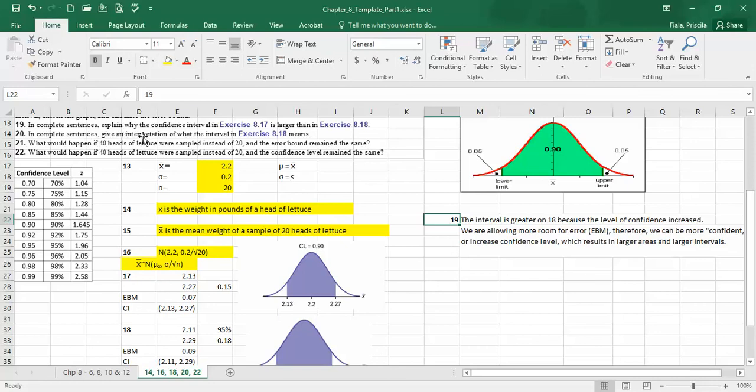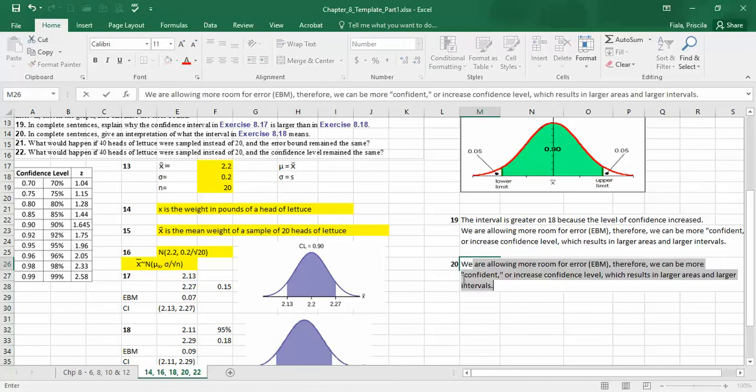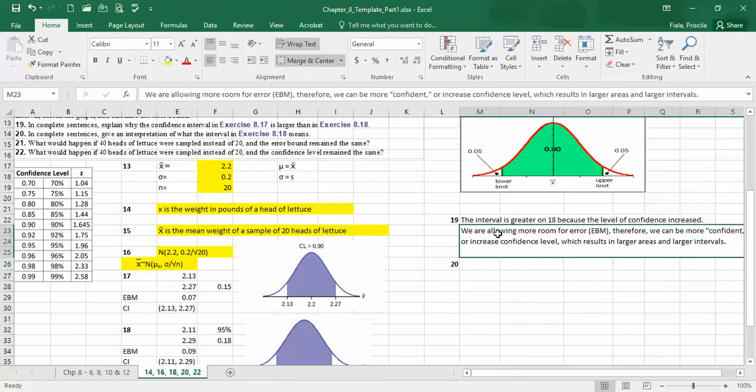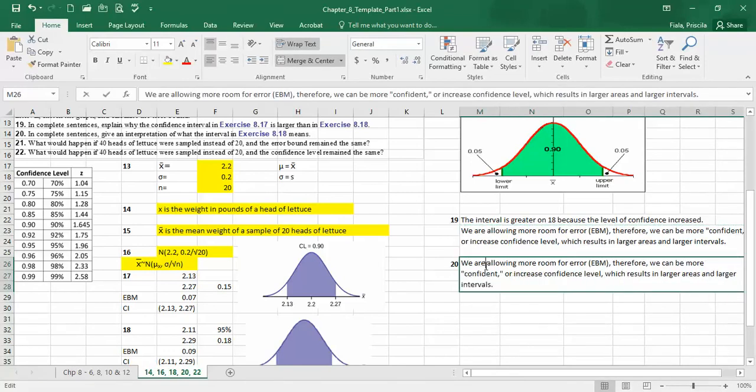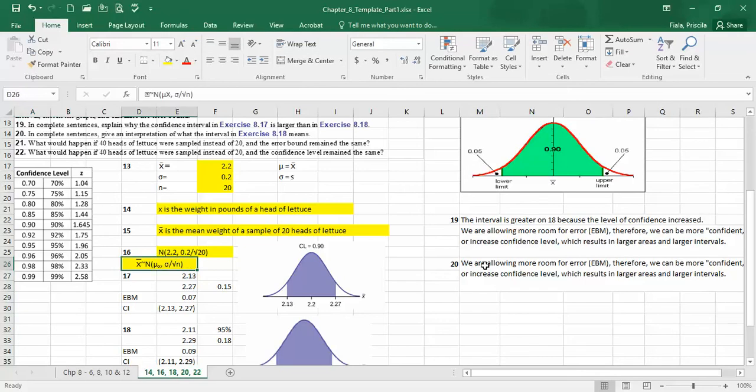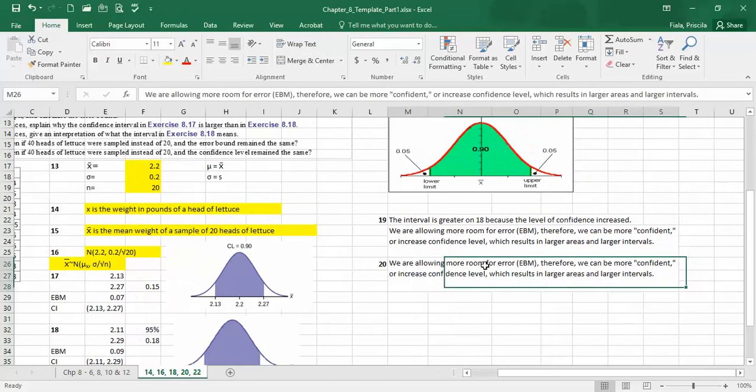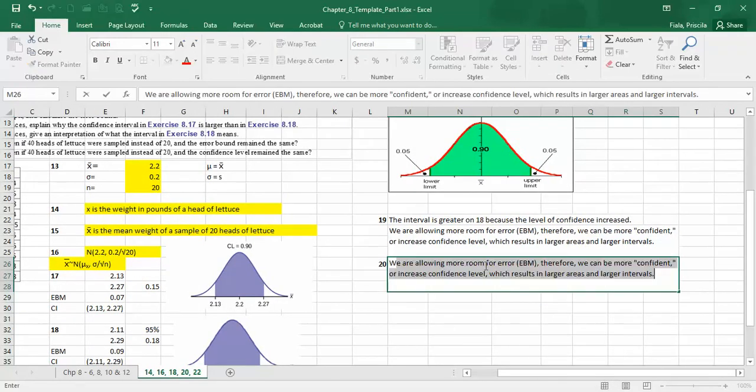Complete the sentence: give an interpretation of what the interval in 18 means. Okay, so 18 asks for 90%, so let me copy this here so I can have the same format. So it's going to mean the 95%, right?